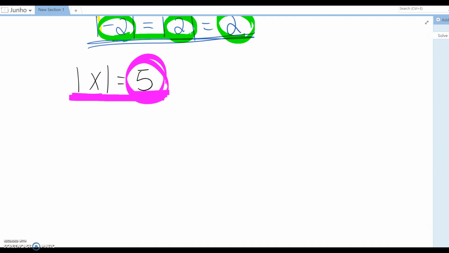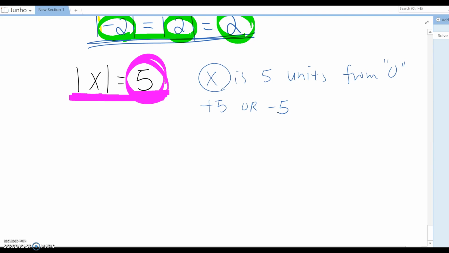So in other words, this x is 5 units from 0. What are those values? So, we know x can be either plus 5 or minus 5. As you see, plus 5 and minus 5, they both are 5 units from the 0. So in this case, x equal to 5 or negative 5.